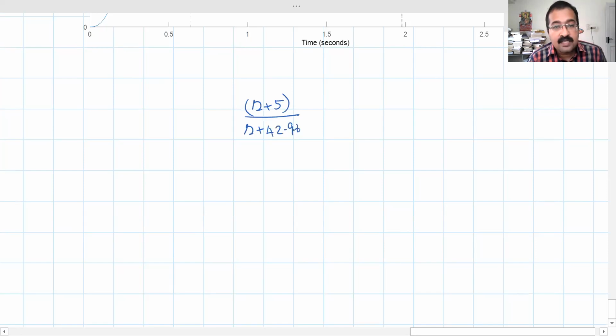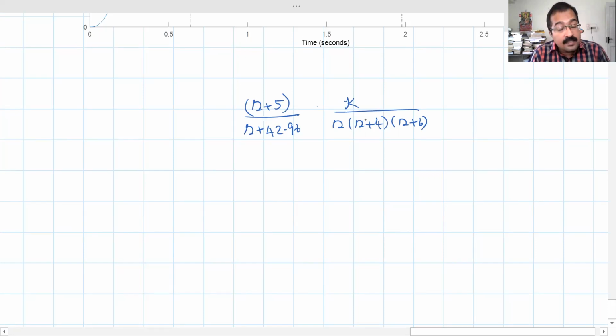So here there are no pole-zero cancellations. Our system was K divided by S into S plus 4 into S plus 6. In the approach I showed you, I had deliberately chosen a compensator zero at S equal to -4 so that the compensator zero and the plant pole at -4 get cancelled.